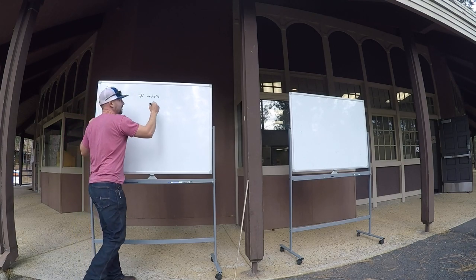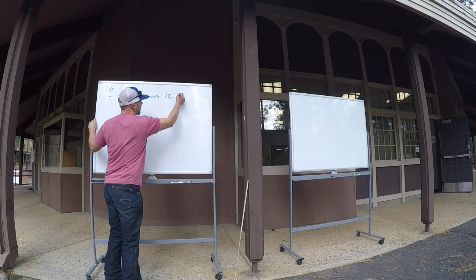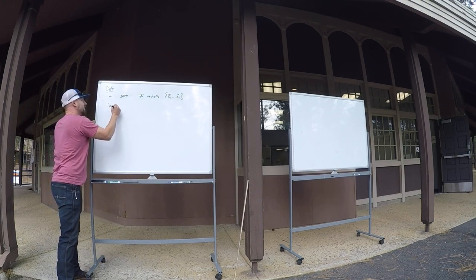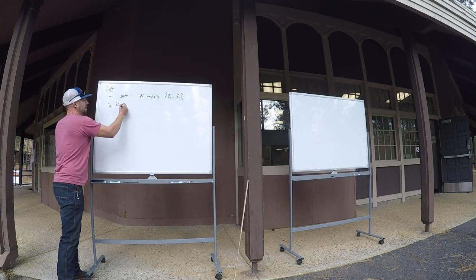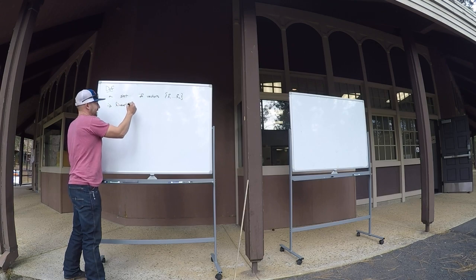A set of vectors x1 through xn is linearly, you're going to hate this, dependent.